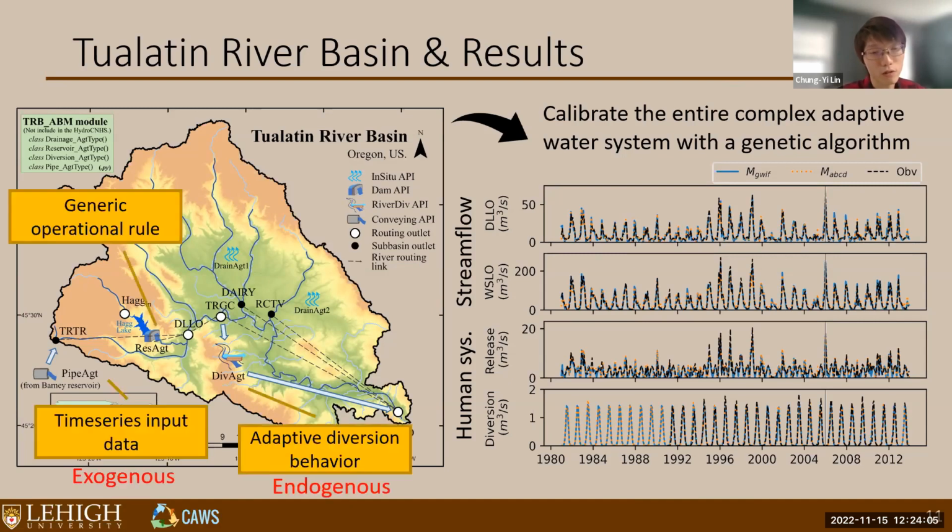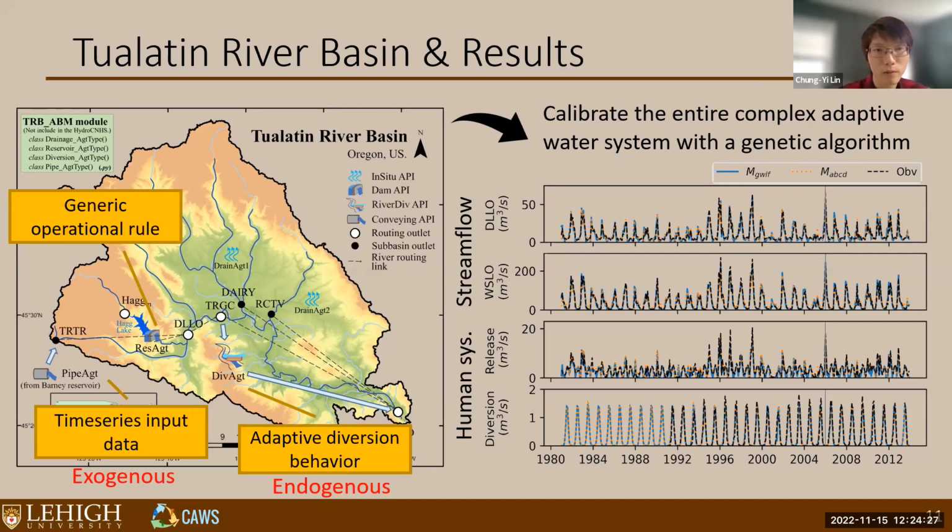Their behaviors are described exogenously and endogenously using different behavioral rules. And we can calibrate this entire complex water system using the calibration module provided by HydroCNHS, which is essentially a genetic algorithm.